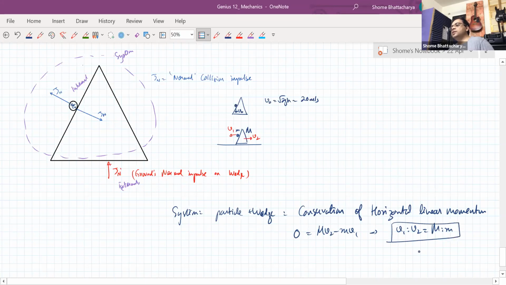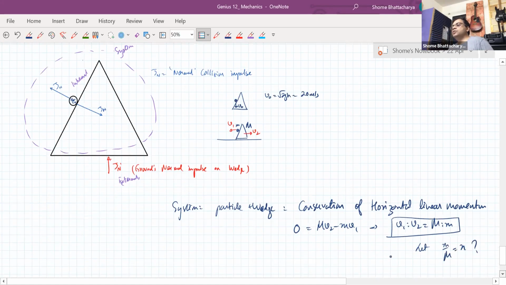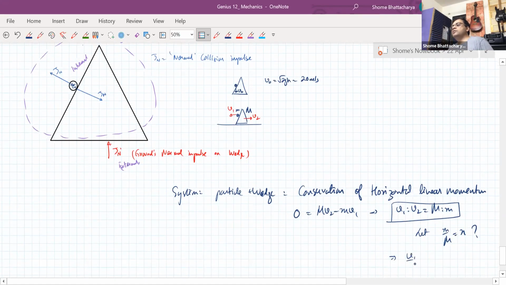So you can even do it like this: suppose we take small m by capital M, which we wanted to calculate, as x. So we have the first equation that V1 by V2 is equal to 1 by x. That's the first equation. Now next we look at the impulse picture on the particle.